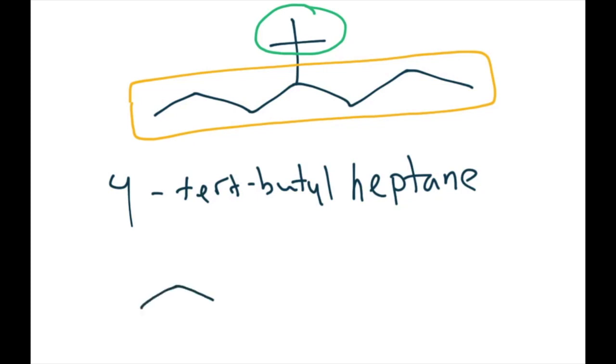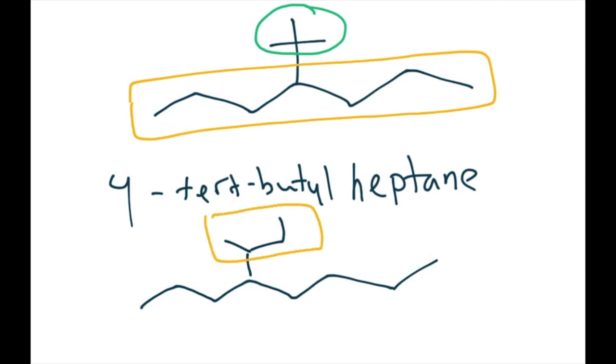So another one that I hadn't shown you is this right here, where you have 4 carbons, 1, 2, 3, 4. But you're bonded to the second carbon of the butyl. This is called sec-butyl. There's like one homework problem that uses sec-butyl, so I always make sure I show it.